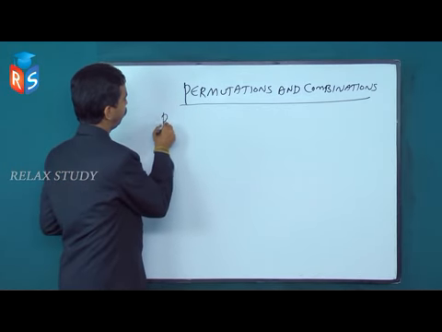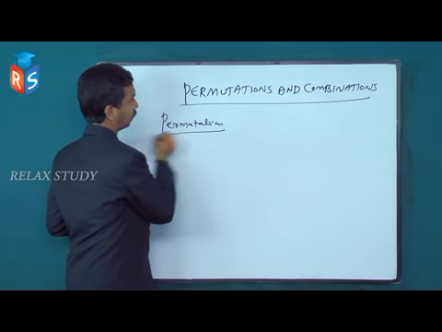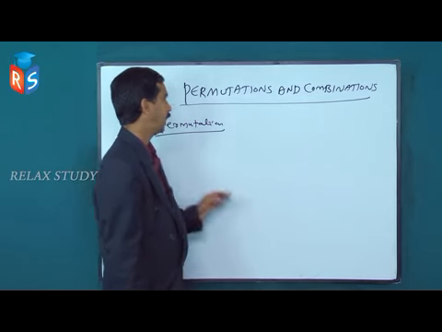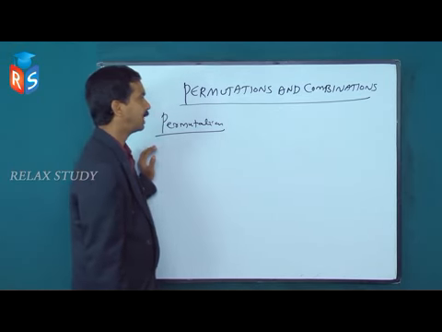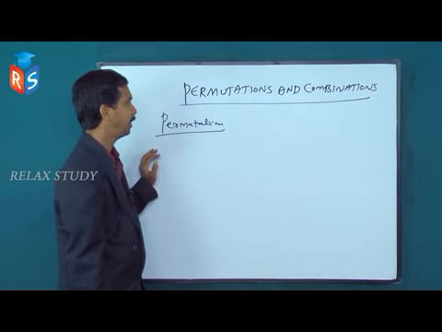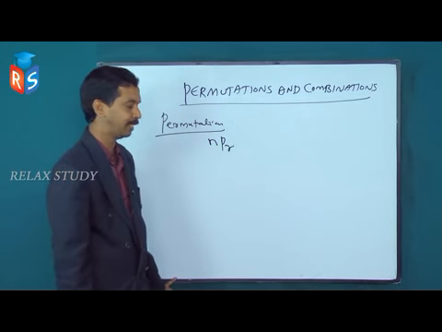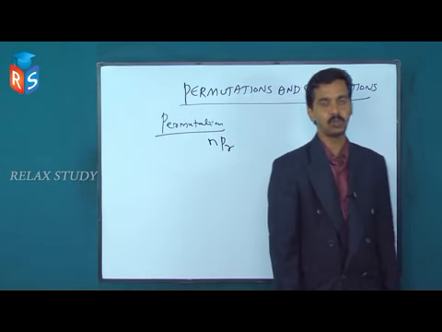First, we want to define permutation. The different arrangements that can be made out of a given number of things by taking some or all at a time are called a permutation, denoted by nPr. It is an arrangement. For example, in a school, the teacher is arranging the students.